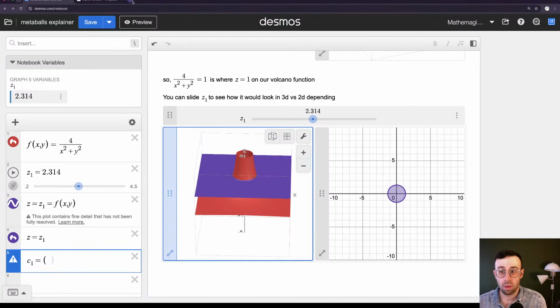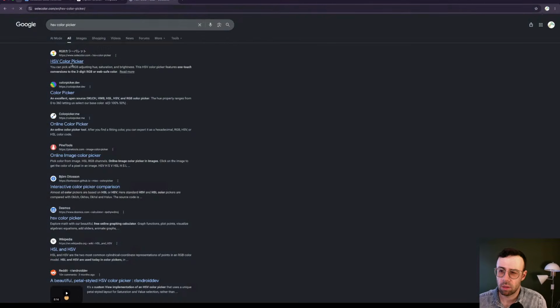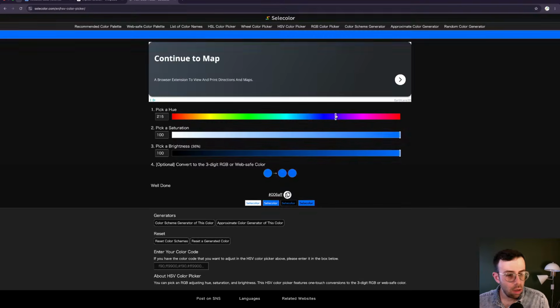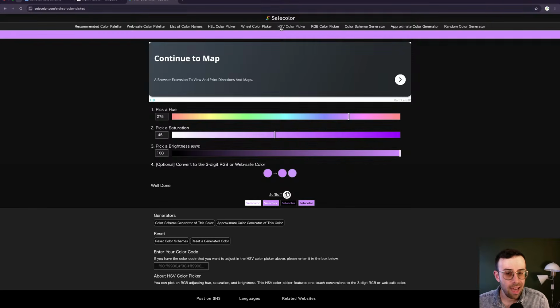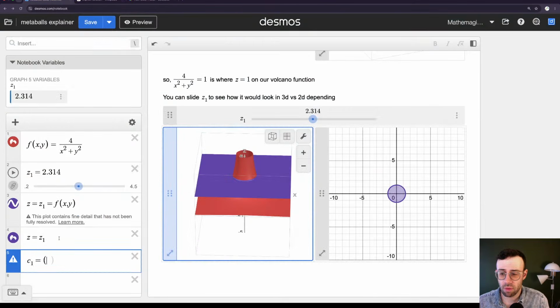What is purple? I could do an HSV color picker and pick a color. I want it purplish. Yeah, that's kind of nice. That already looks pretty good. So 275, 45, 100. Oh, HSV. Yeah, that looks pretty good.